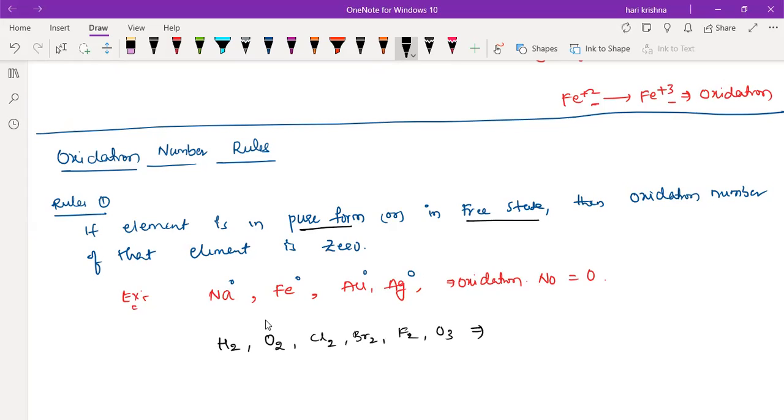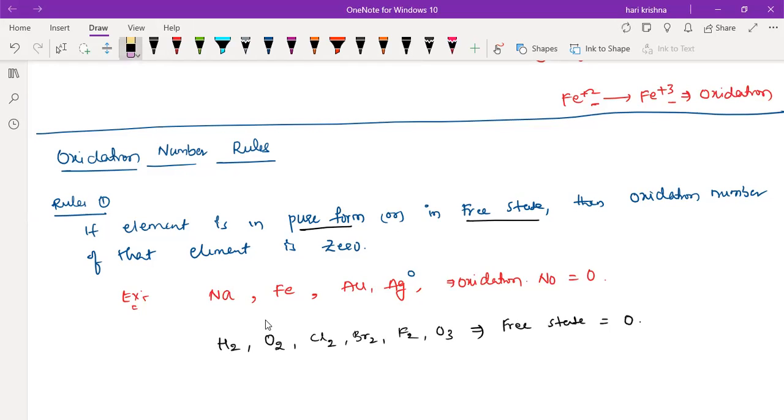So all these will exist in nature in the form of H2, O2, Cl2, Br2, ozone O3, and all, right? So these are the free state elements. They exist freely in nature, oxygen in the form of O2. Understand the difference between the pure form and the free state. Now, these elements also have the oxidation number 0. Fine.